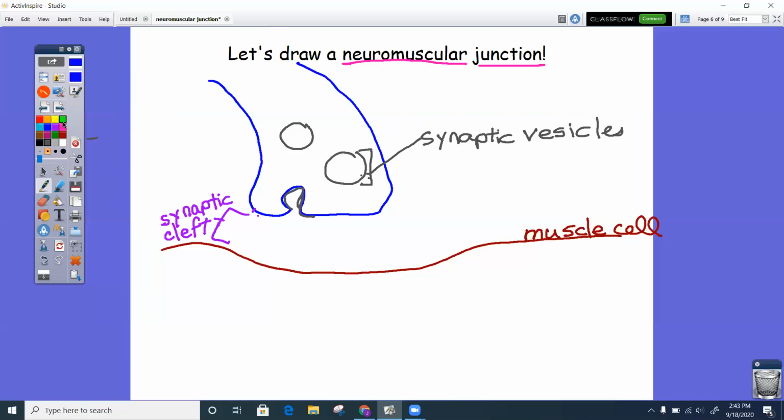And then within those synaptic vesicles, we're going to draw some dots here in green. You use whatever color you want to use. I'm just trying to be consistent here. Okay, and those green dots, there's two names for it. The general name would be that it's a neurotransmitter.